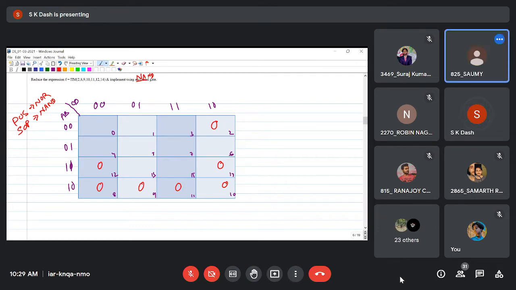Now, try to form combinations. Any octet possible here? Any 8 adjacent zeros? No. Any quad possible? Yes, sir. This can be a quad.